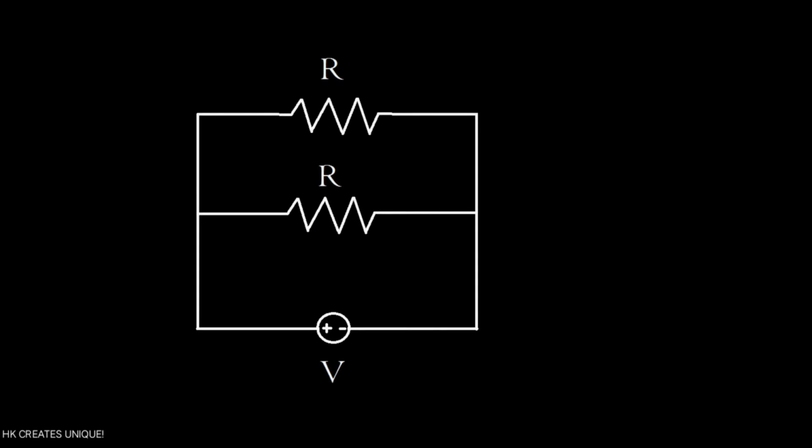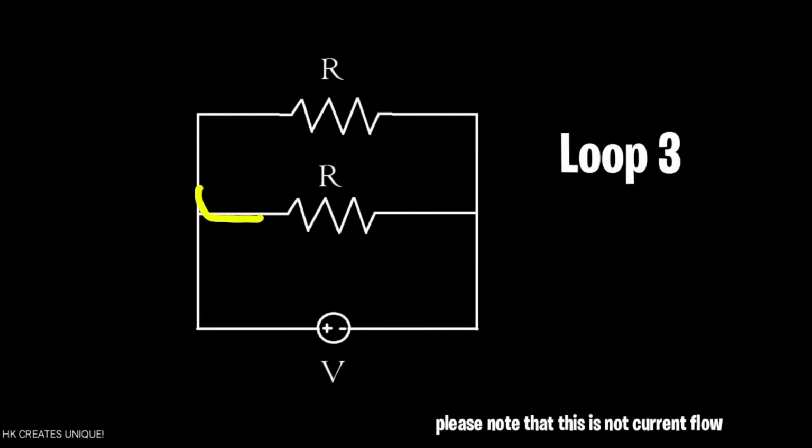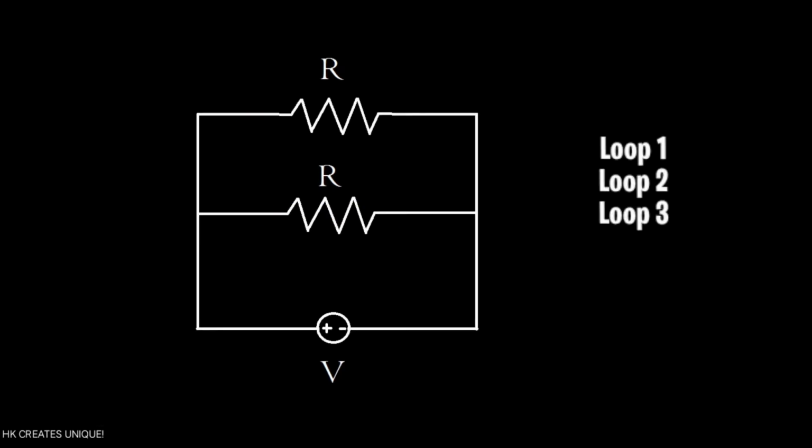For example, in this particular circuit, there are 3 loops. This loop, this, and this. These are all closed loops.